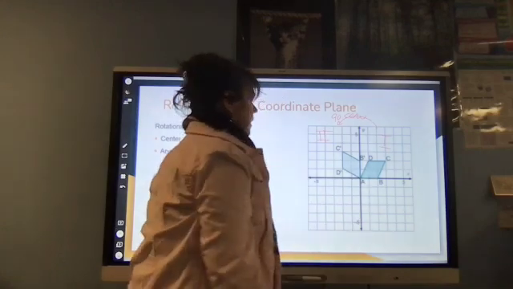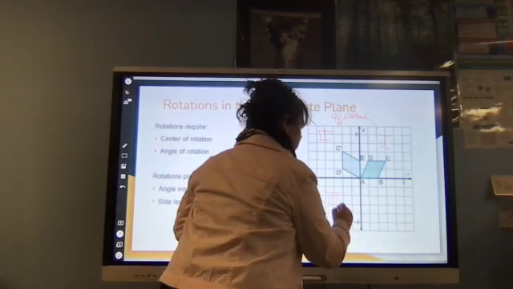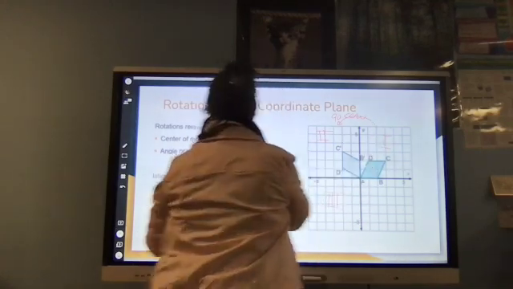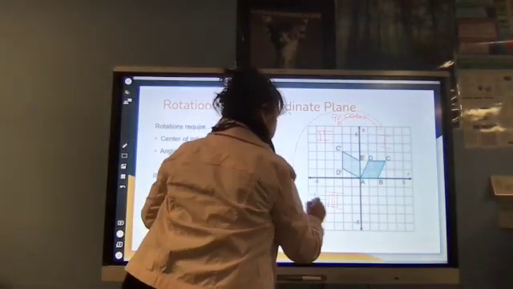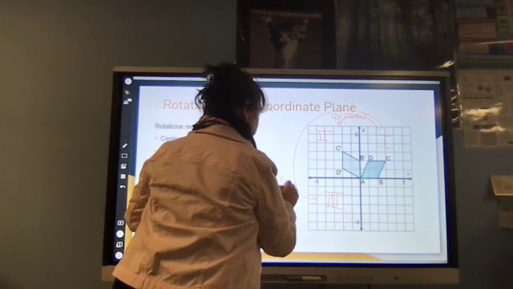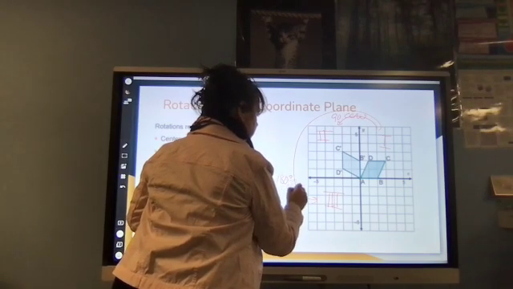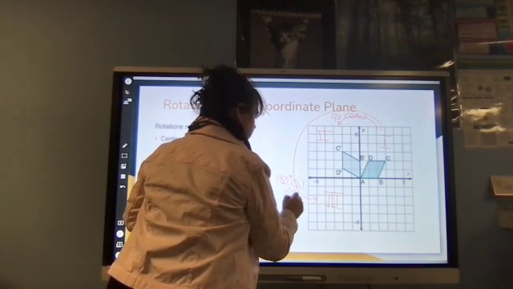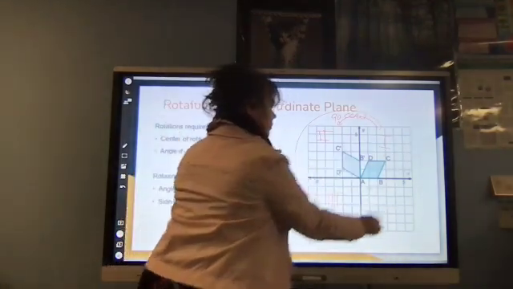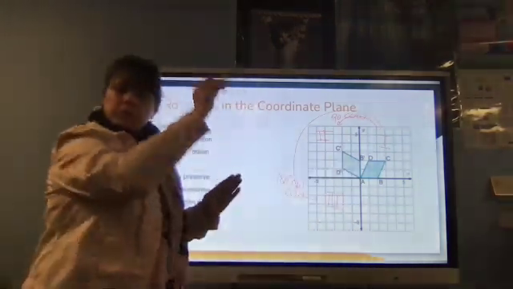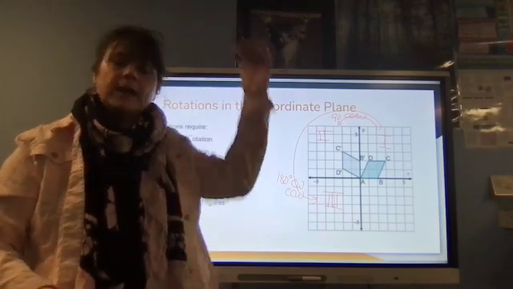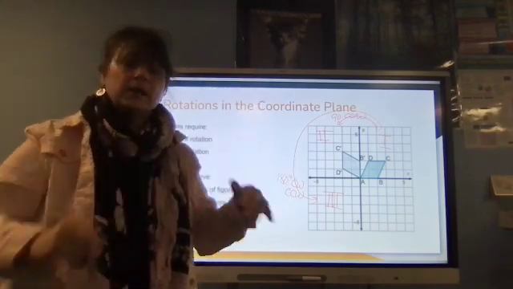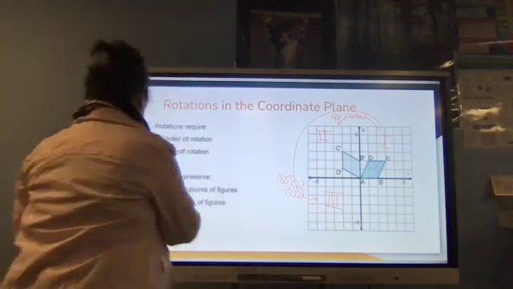counterclockwise. Or if we're rotating to quadrant 3 from quadrant 1, that would be 180 degrees, and that would either be clockwise or counterclockwise, because either way we go, if we're rotating 2 quadrants out of the 4, we're going halfway. So either counterclockwise or clockwise would get us to the same place.